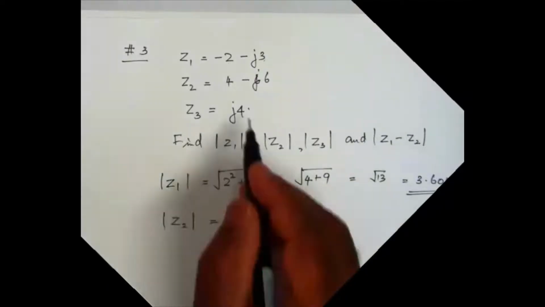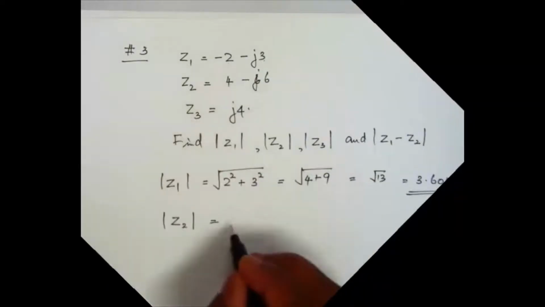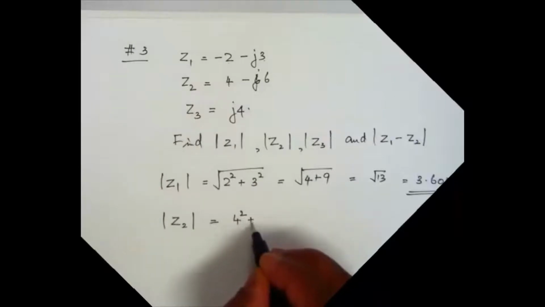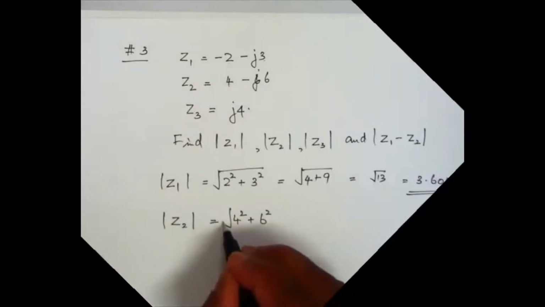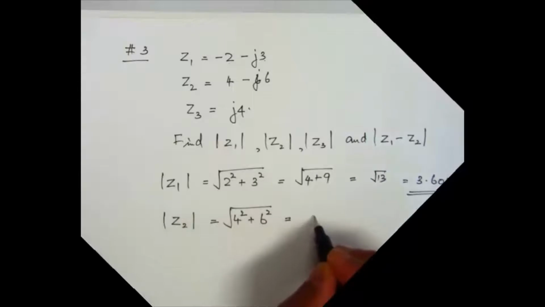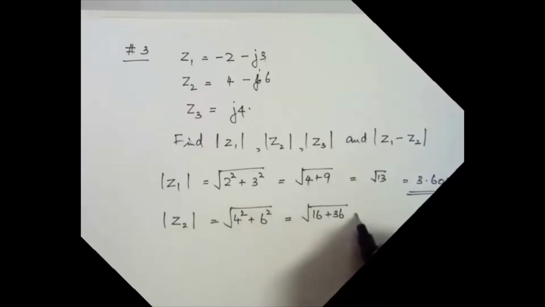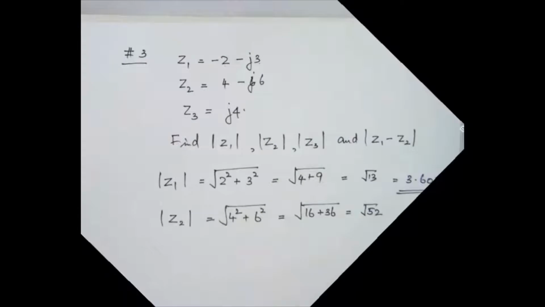And let's take the modulus of Z2. That is the square root of 4 squared plus 6 squared, which is equal to the square root of 16 plus 36, which is the square root of 52, and we can find that using our calculator. The square root of 52 is 7.21.